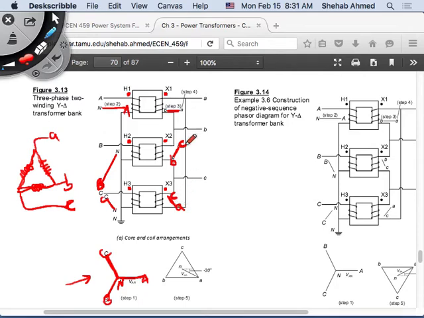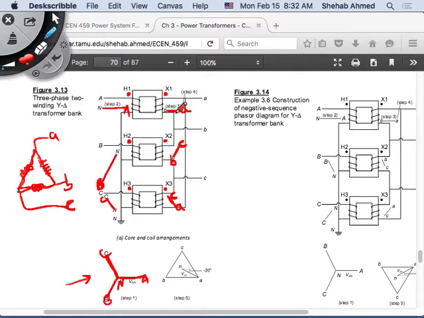CA. So I expect to see what? A here. A here is the same as A here, right? It's at the terminal. So this is my terminal with the dot, this is my terminal with the dot. So A will go here, A will go here.